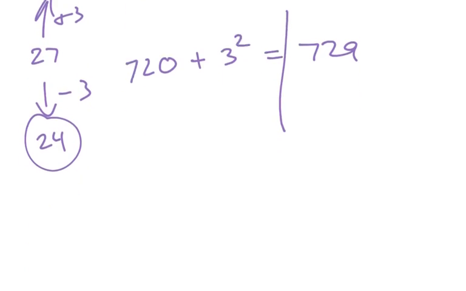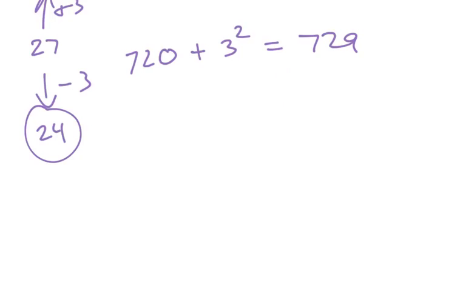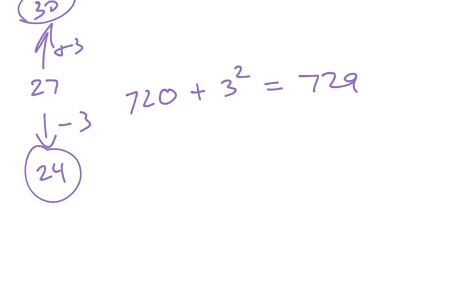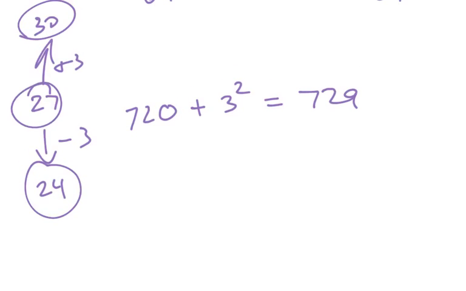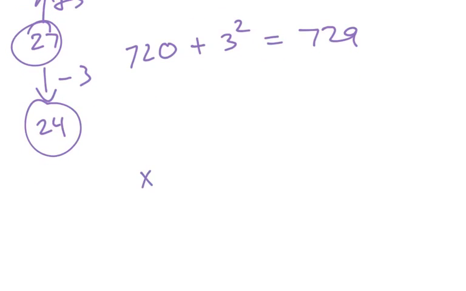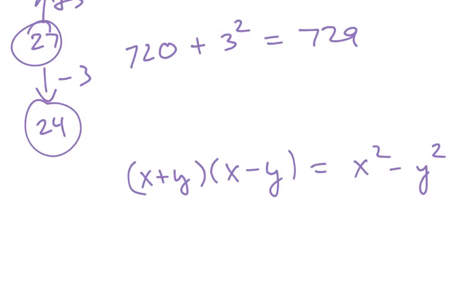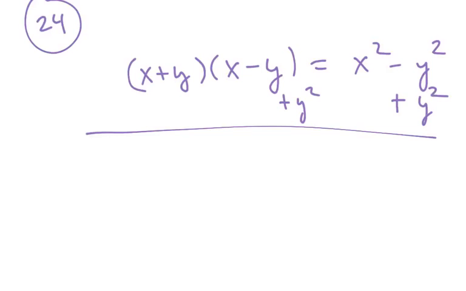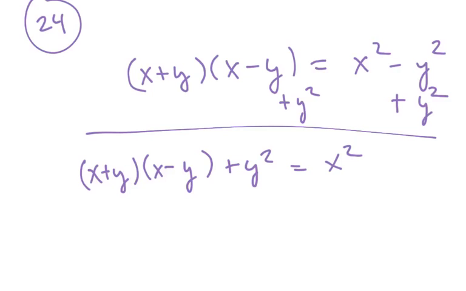Also, this trick right here works because it's a byproduct of the difference of squares. The reason why it works is, if you think of the difference of squares, x plus y times x minus y equals x squared minus y squared. And if I add y squared over to the other side, you get x plus y times x minus y plus y squared equals x squared.